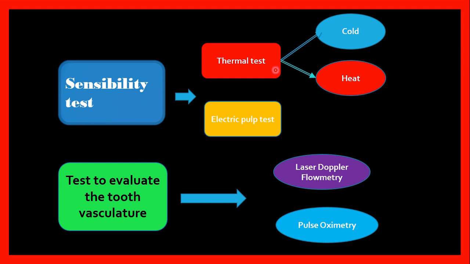But the vitality of the pulp is determined by the intactness and health of the vascular supply, and not the status of the pulp nerve fibers. So these are the more reliable tests to evaluate pulp vitality.